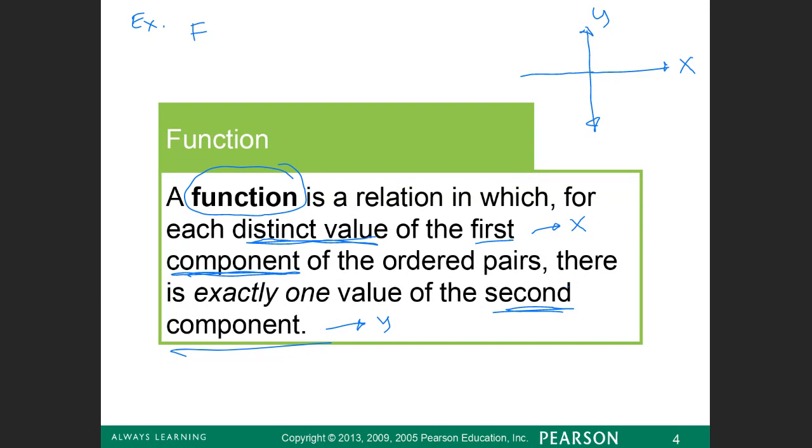You have f here, and then you have a set of ordered pairs: (1, 2), (-2, 3), and (2, 4).